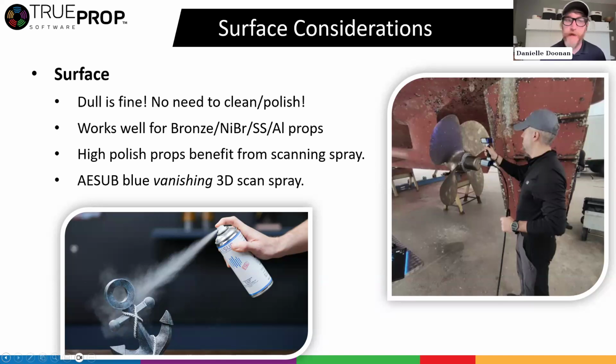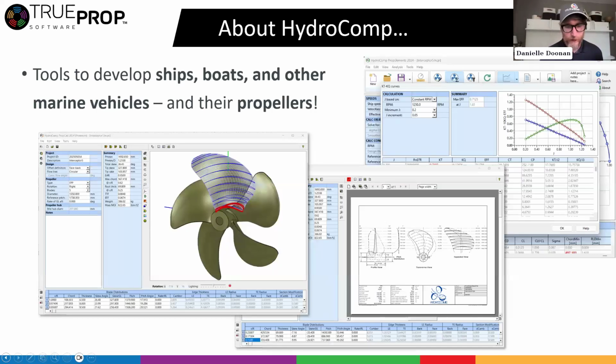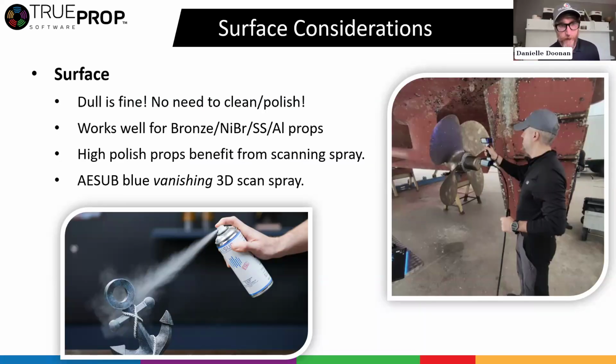So you don't want to spend the time to clean and polish the prop. Knocking off big barnacles and things like that is worthwhile, since they affect the surface measurements. But if it's highly polished, the laser reflects off the surface, and the scanner captures the reflections, gets a little noisy and confused.